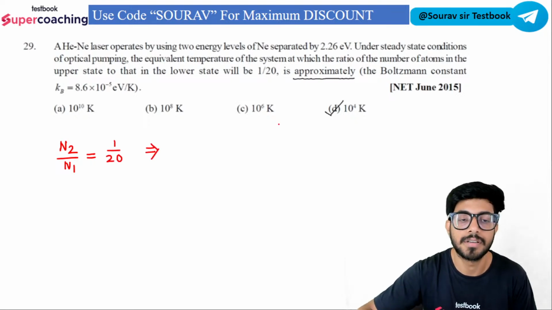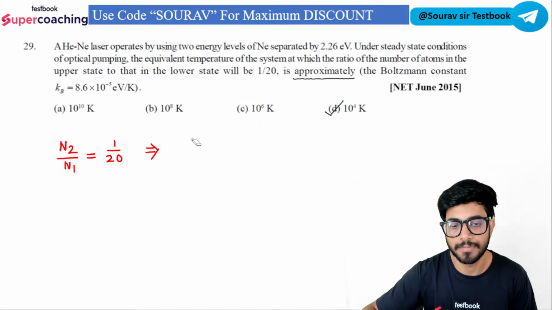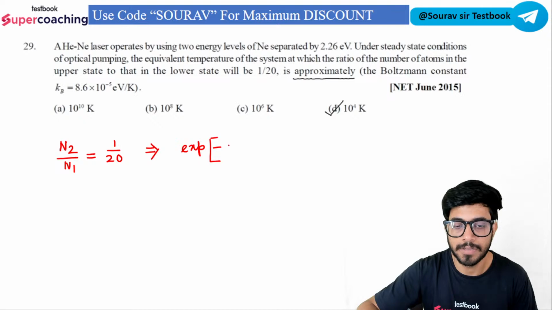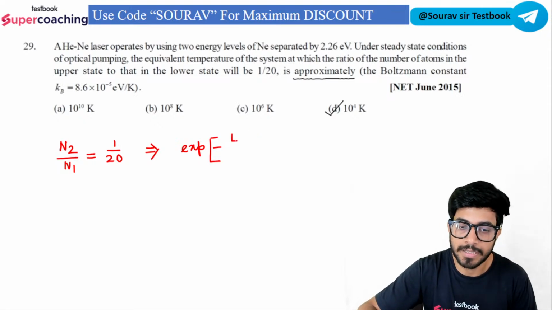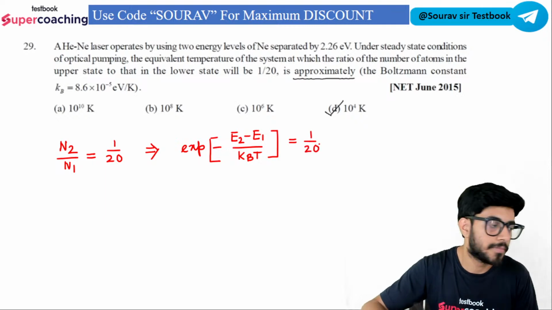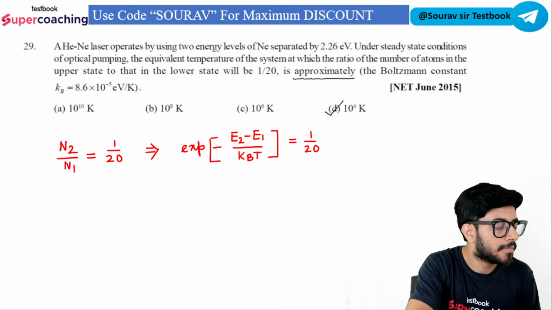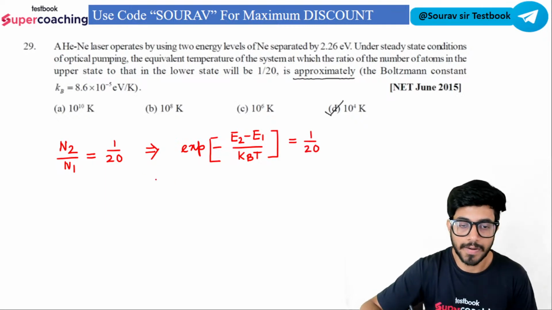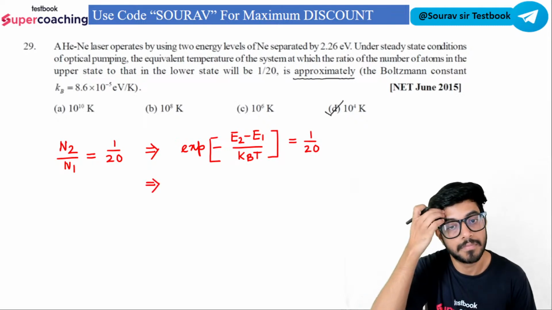That implies exponential of negative hc by lambda kBT, or E2 minus E1 by kBT, is your 1 by 20.